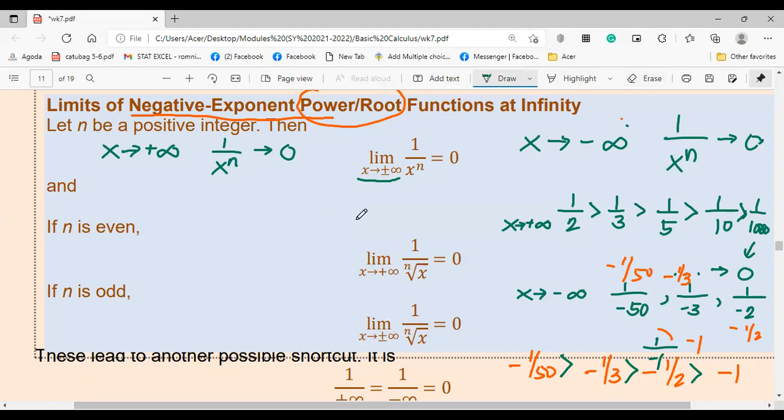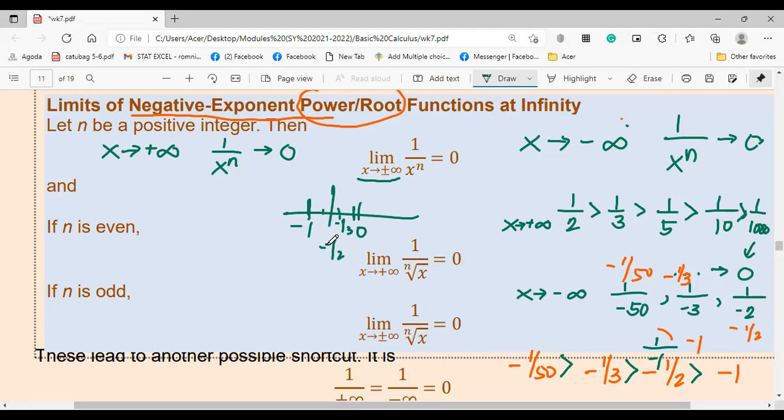Ang ibig sabihin kasi nito class, in the number line, ito ang 0, this is negative 1. Ang number na pinakamalapit kay 0 ay mas malaki. So, sa negative 1 over 50, nandyan na siya, halos 0 na siya. Si negative 1/3, o hatiin mo to sa tatlo, nandito si negative 1/3. Okay, what about kay 1/2? O siya yung kalahati, negative 1.